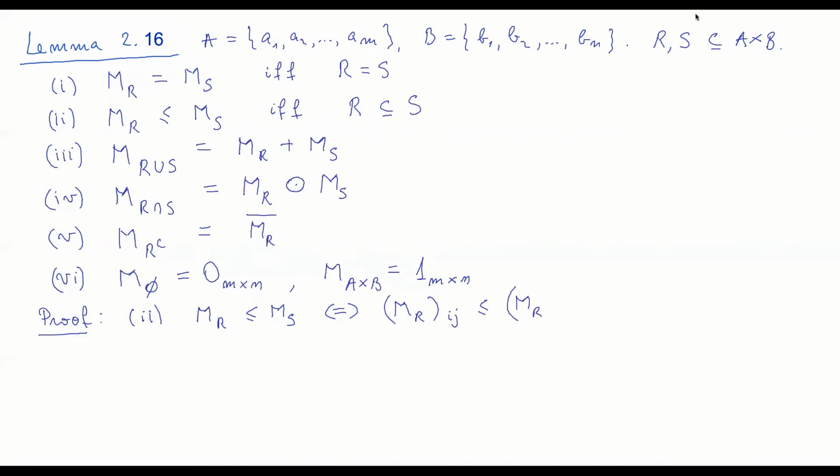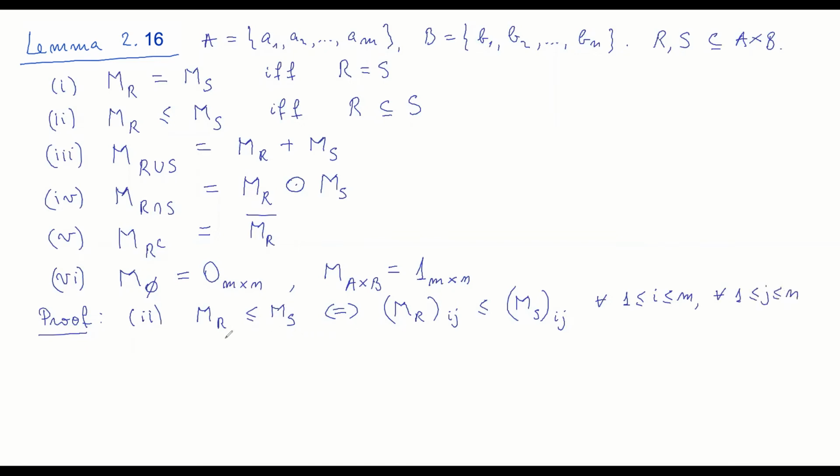So, I'm sorry, this is an S. So MR at ij is smaller than or equal to MS at ij, and this is true for all i from 1 to m, and all j from 1 to n.